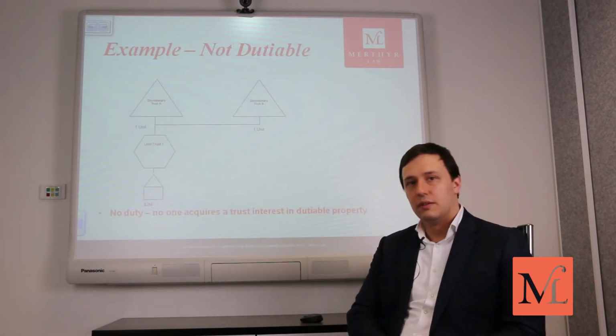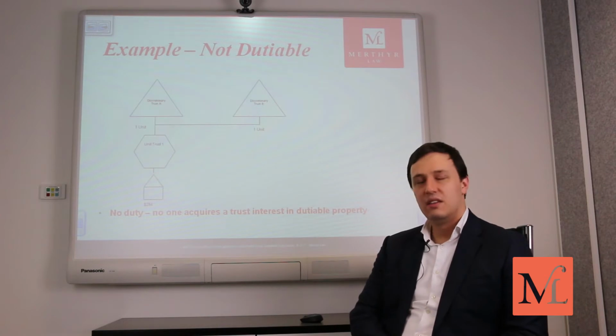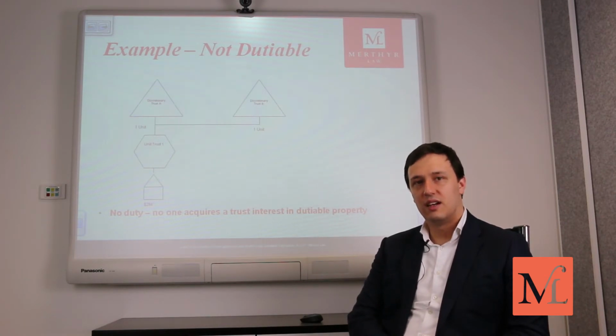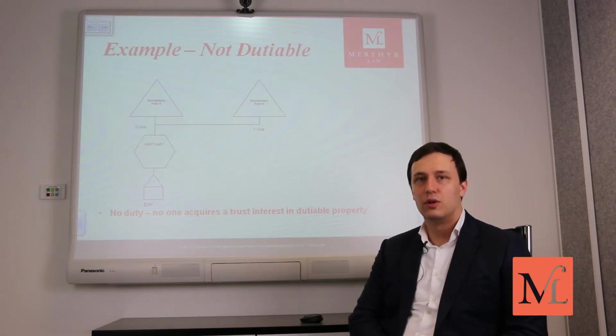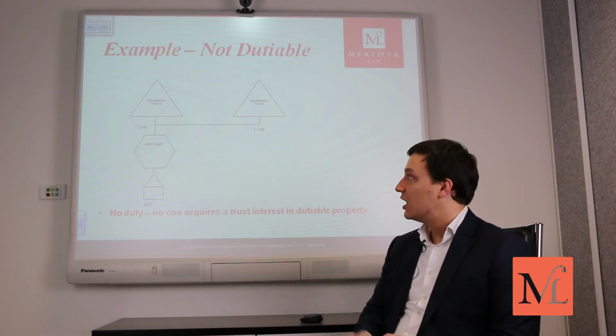Effectively, there's no duty. The reason being that dutiable property, as I discussed before, does not include units in a unit trust, or particularly units in a unit trust that owns land in Queensland.